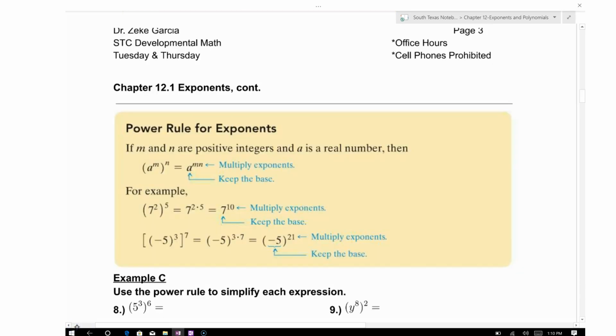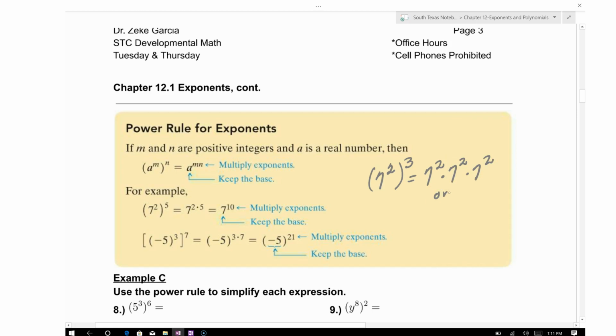The next part of the lesson has to deal with the power rule. So if we have something like 7 to the 2nd power, and that's raised to the 3rd power, then it's actually 7 to the 2nd power times 7 to the 2nd power times 7 to the 2nd power.